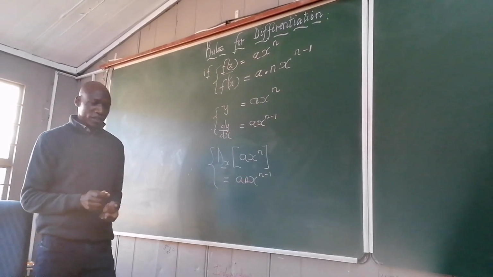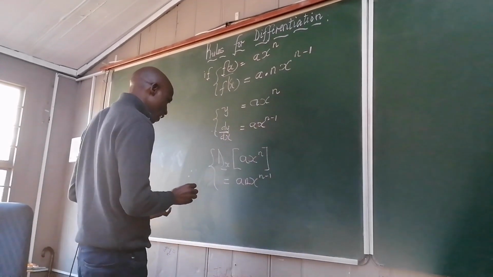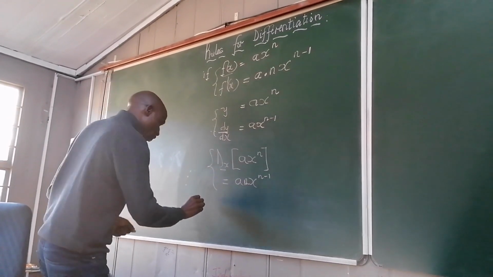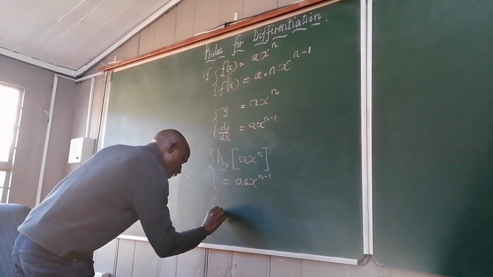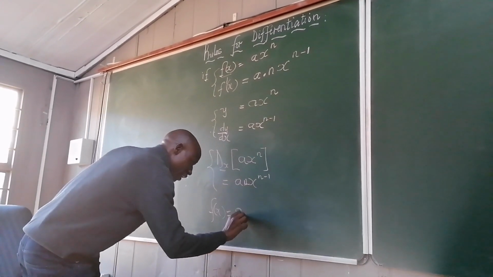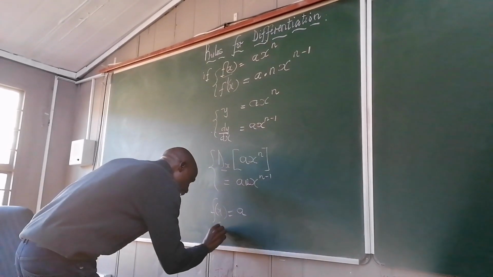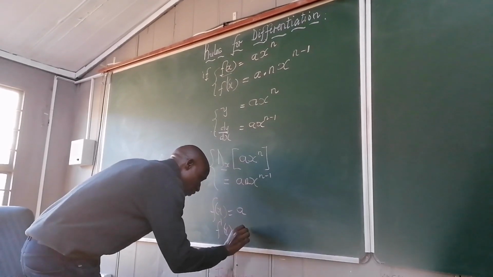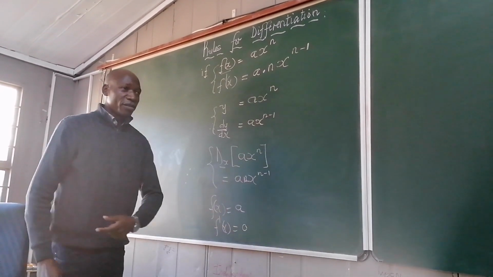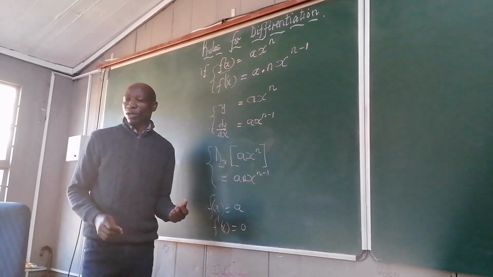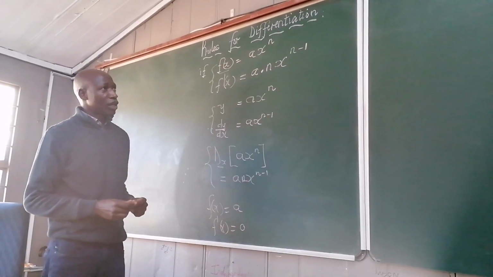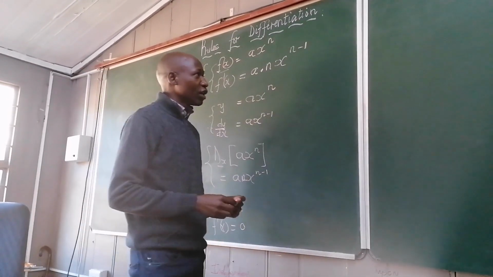We also have to take note that each time we are differentiating a constant, if f of x is equal to a, that is a constant, our derivative will be f prime of x is equal to 0. It might look complicated at the beginning, but we are going to break it down, making use of a basic polynomial.